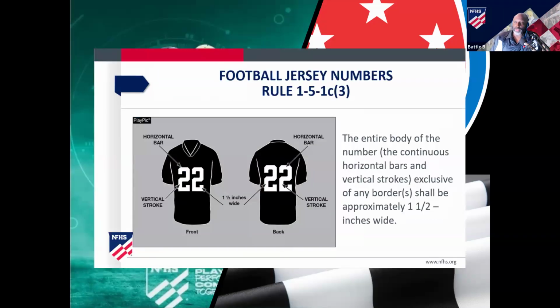Let's talk about the numbers. And again, we're going through this talking about high school. But if you think about the youth games that you've done, you know why this is important, especially with the numbers. Some teams have numbers so small on the side and the front. Sometimes they have no numbers on the front, and then they have these funky numbers on the back.